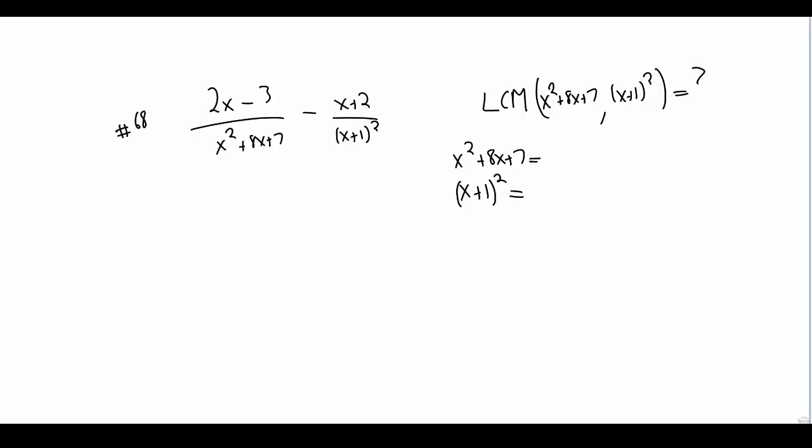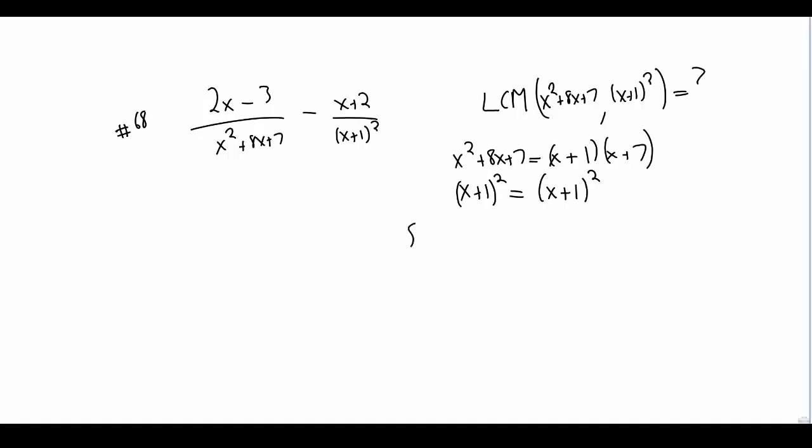This x squared plus 8x plus 7 factors as, let's see, a pair of numbers whose product is 7 and whose sum is 8: plus 1 and plus 7. And right here, this is already factored completely.